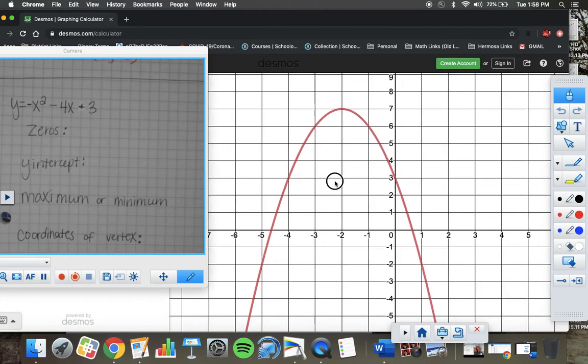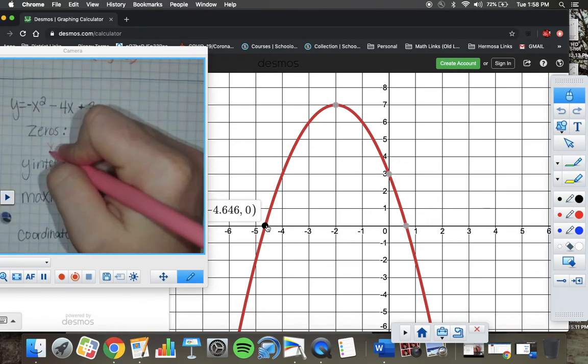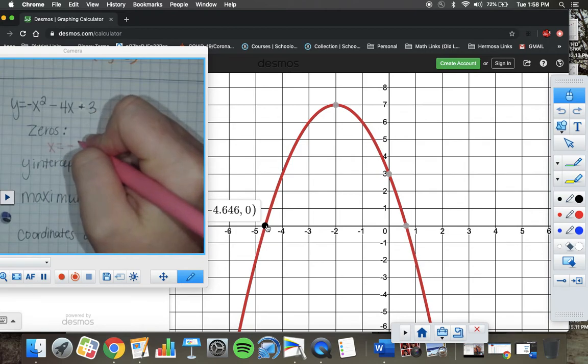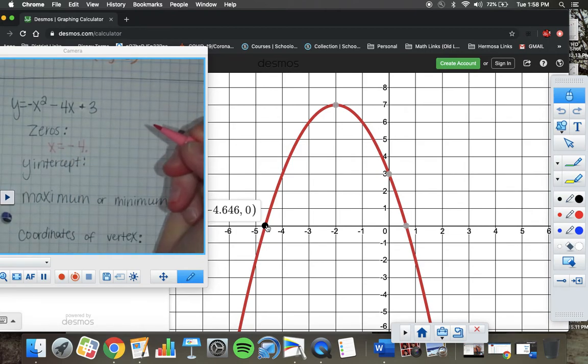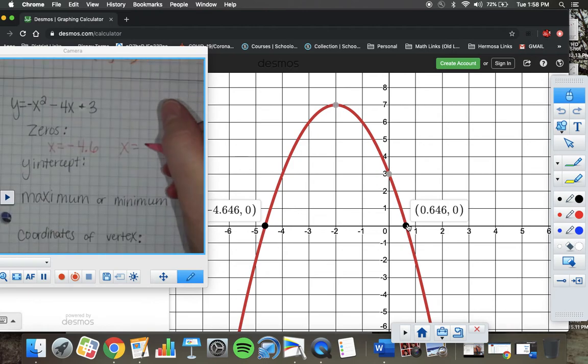Okay, so let me move this back out of the way and then move this so we can see what we want to see. Okay, so zeros. Click on this graph where it crosses the x-axis. So we have one at x equals negative 4.64, so just a 4.6, and then we have x equals 0.6.